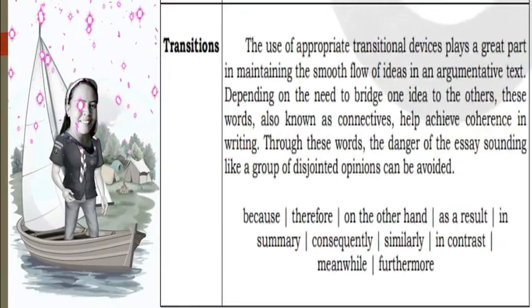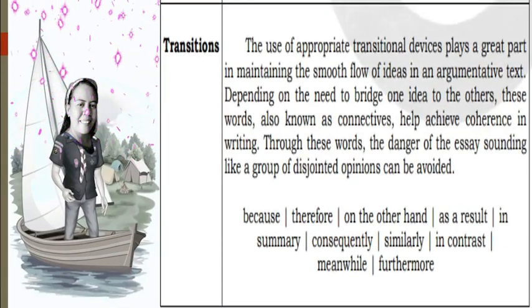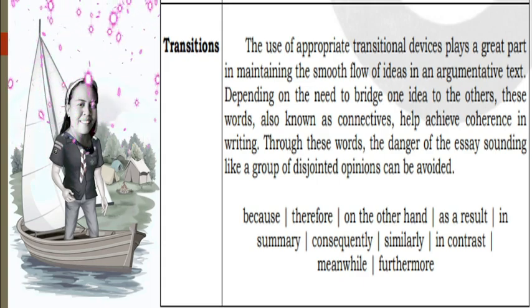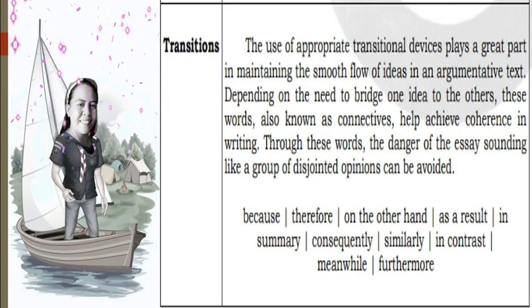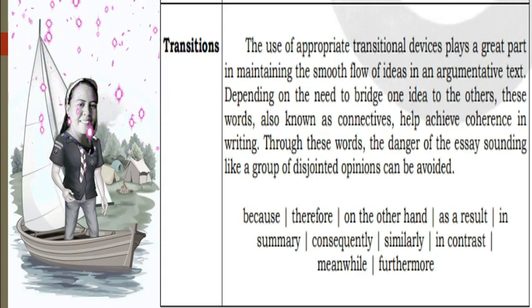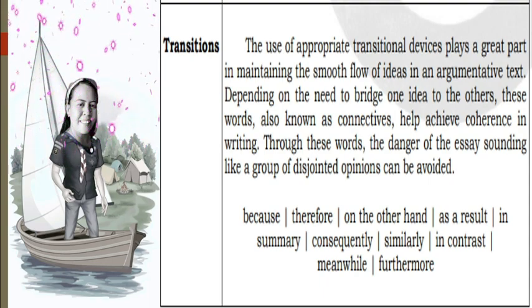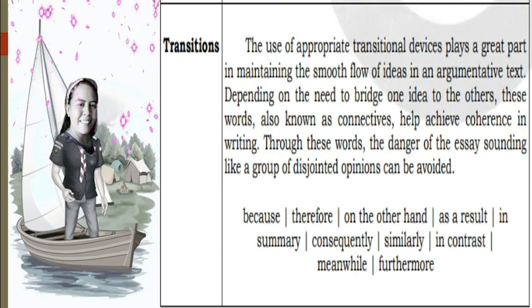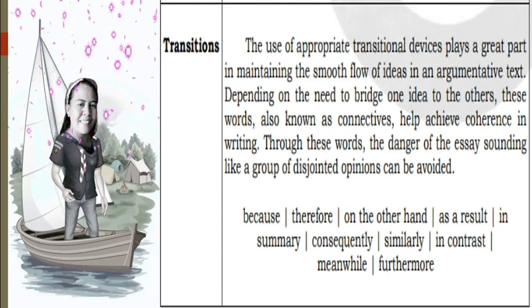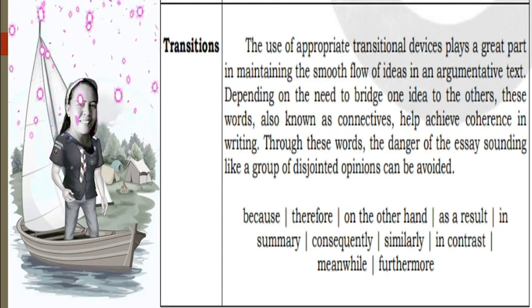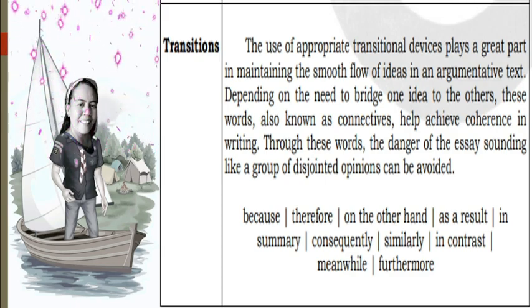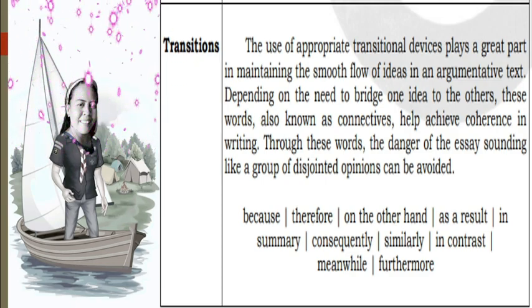Then we have transitions. The use of appropriate transitional devices plays a great part in maintaining the smooth flow of ideas in an argumentative text. Depending on the need to bridge one idea to the others, these words, also known as connectives, help achieve coherence in writing.